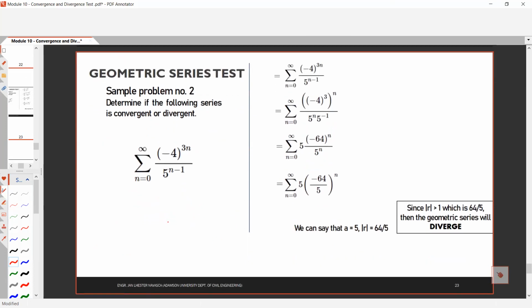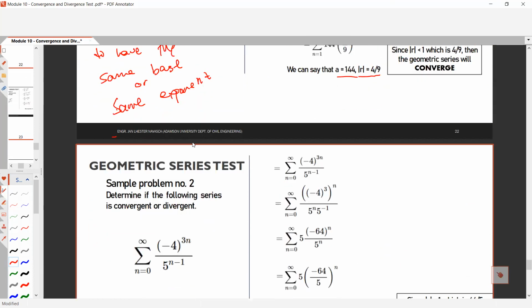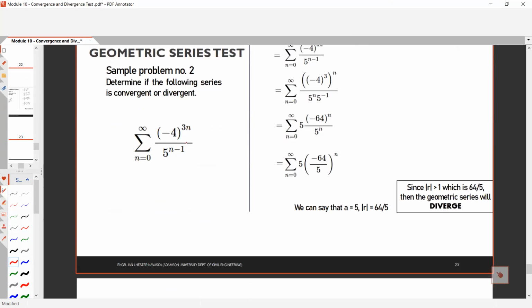Again, in order to combine them, they need to have the same base or the same exponent.